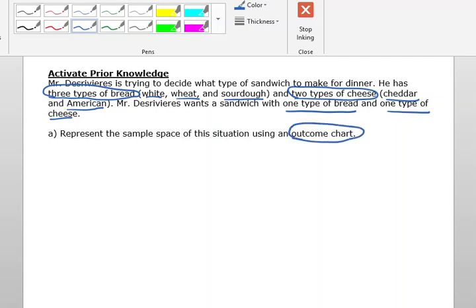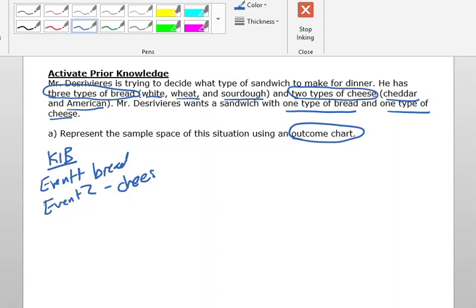And an outcome chart is what we worked on today. And so in this case, I have 2 events. Event 1 is bread. Event 2 is cheese. Okay, and so I'm going to go ahead and build my outcome chart.